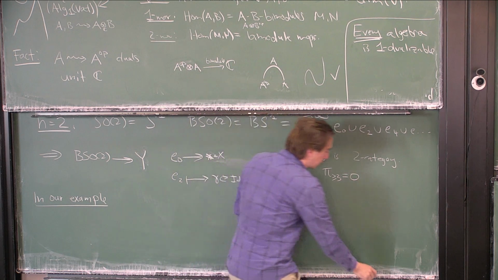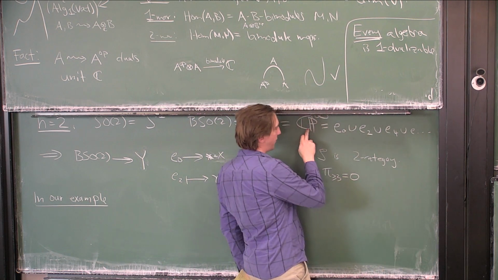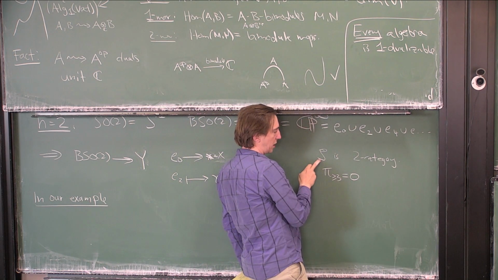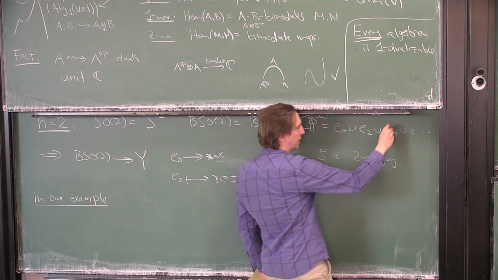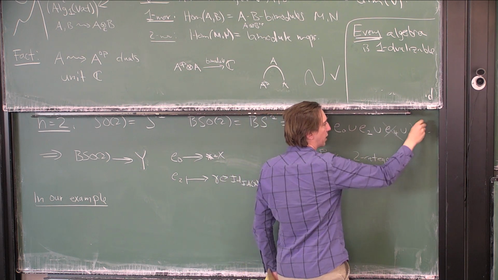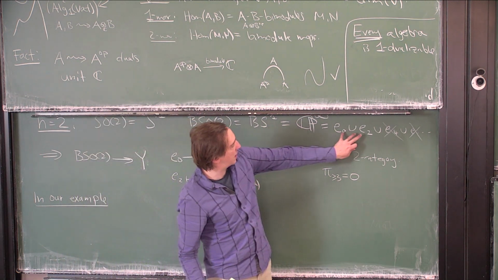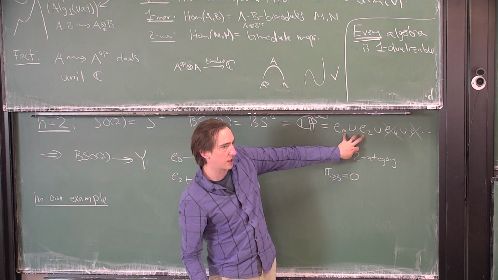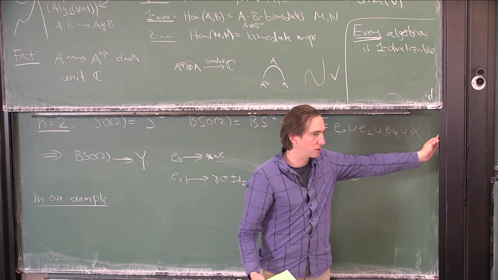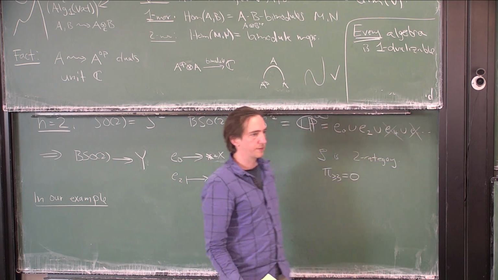And so the first remarkable thing is that the data of a map from CP infinity into a 2 type is completely oblivious to all this extra stuff. Once I tell you what to do with these 2 cells, I can extend it, and there's a unique such extension.